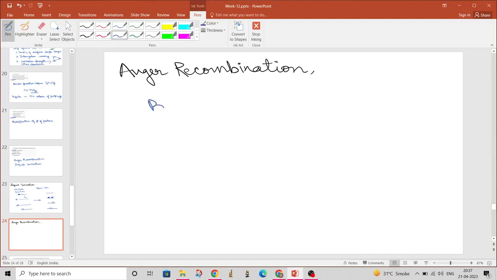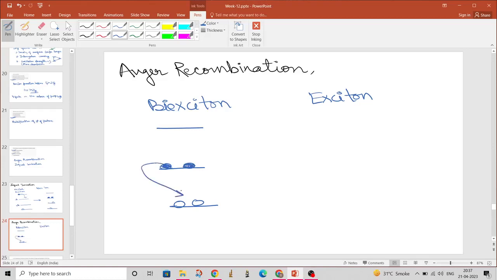And what happens in Auger recombination is charging, discharging. So already this is a bi-exciton and when these two combine, it will provide this electron enough energy to go to the upper energy level.